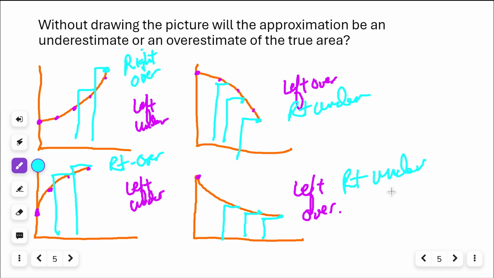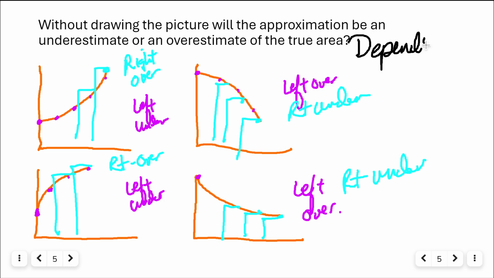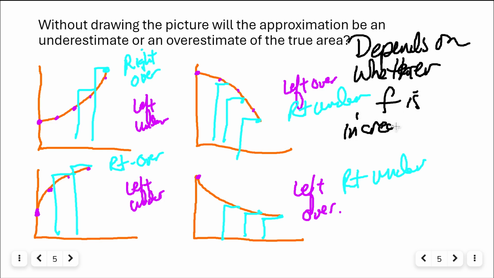So, using the information we've gathered here, what makes the determination as to whether the left and or right endpoints are underestimates or overestimates? What is it dependent on? It depends on whether F is increasing or decreasing.